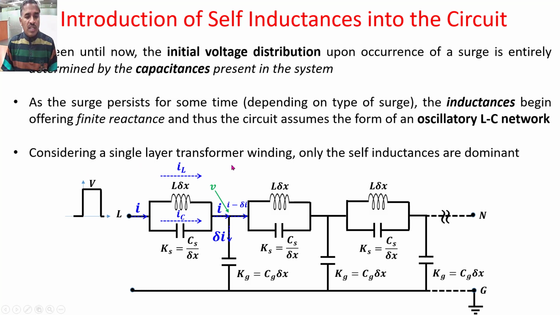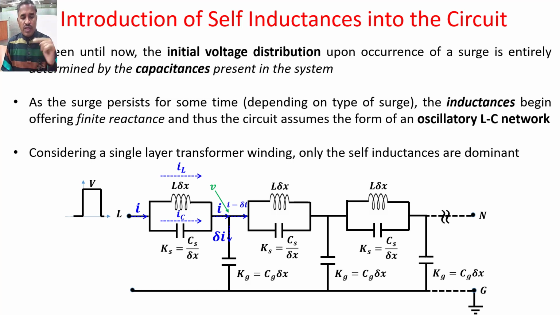Considering a single layer transformer winding, only the self inductances are dominant. This is having only one layer in one winding. Primary and secondary also have no mutual inductances; those are not considered here, and in the same winding also we are considering only one layer.